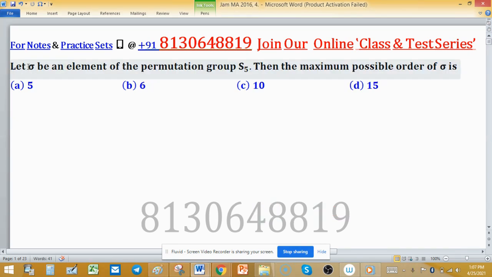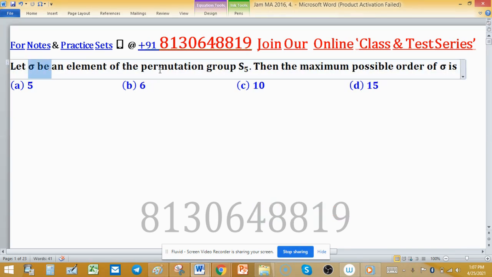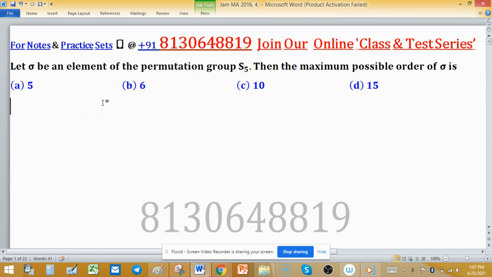So we decide whether a permutation is even or odd on the basis of transpositions. Let sigma be an element of the permutation group S5, then the maximum possible order of sigma is?